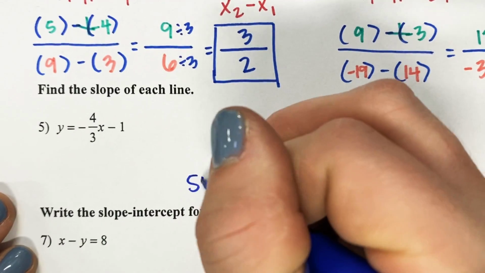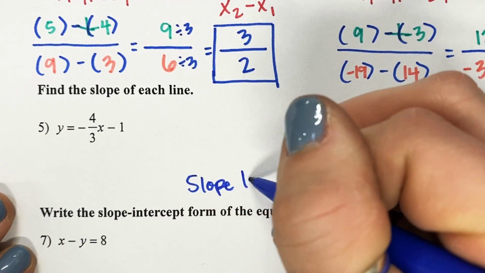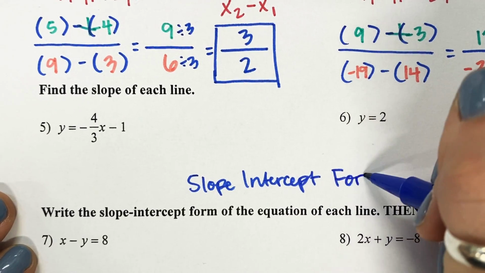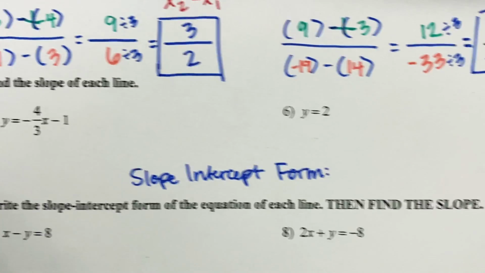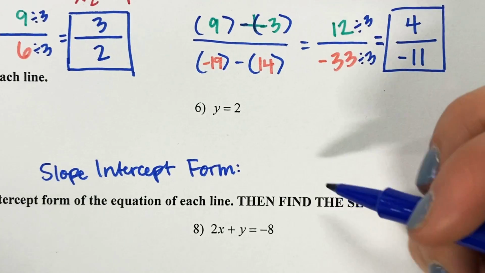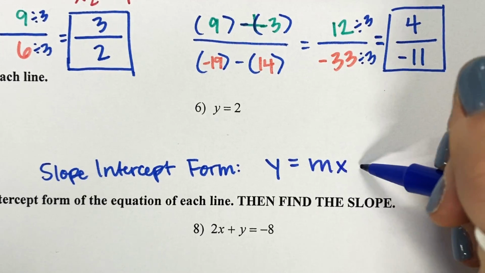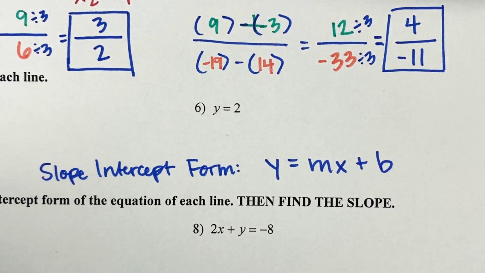Slope-intercept form is always written as y equals m times x plus b.